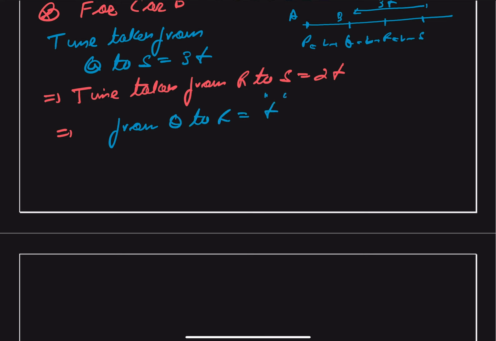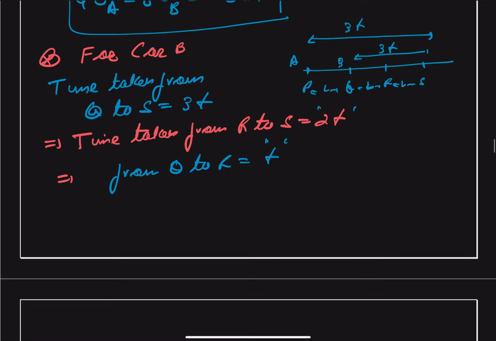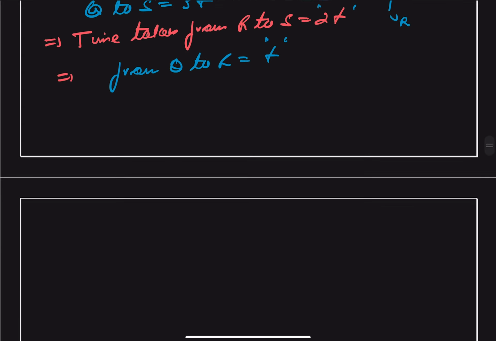And we say that at point R the velocity of this car, our B car, is given as VR. Let the velocity of car B at R be VR.